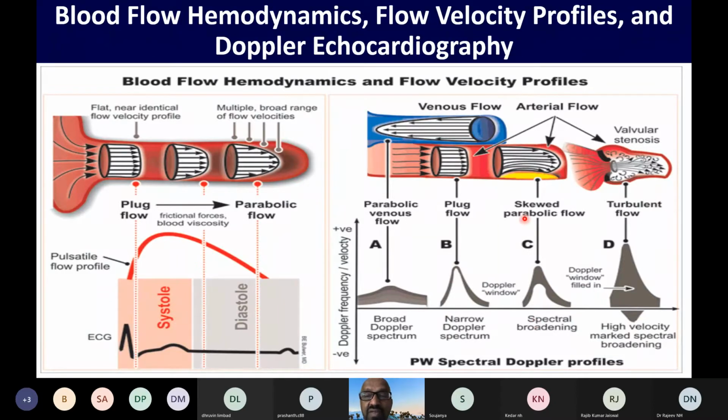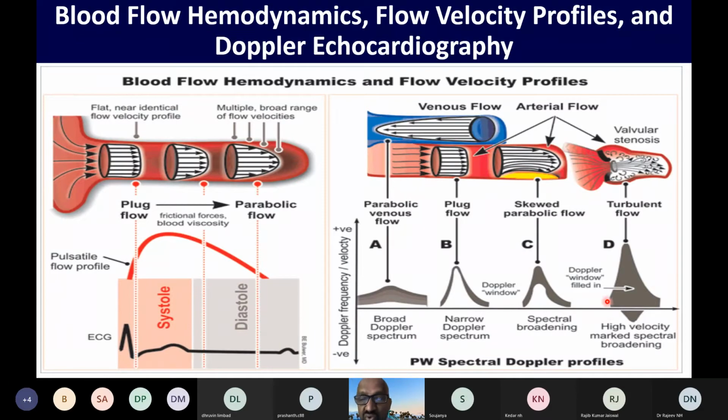And if there is some slight turbulence because of an atheromatous plaque, there is slightly skewed parabolic flow. And if there is valvular stenosis, the potential energy is converted into kinetic energy, in which case the velocity will be increased tremendously across the stenotic valve. This will give you a high velocity, broad spectral profile as is shown.